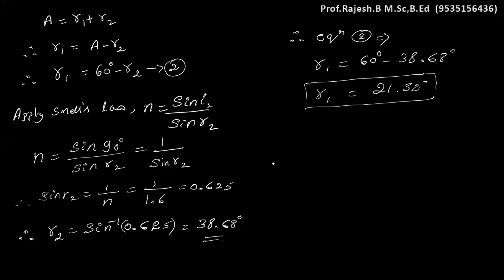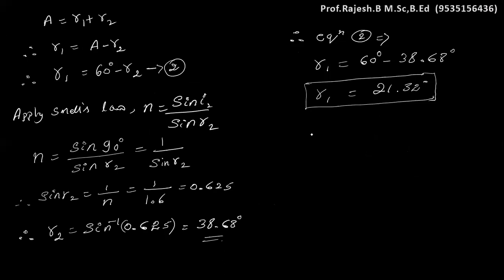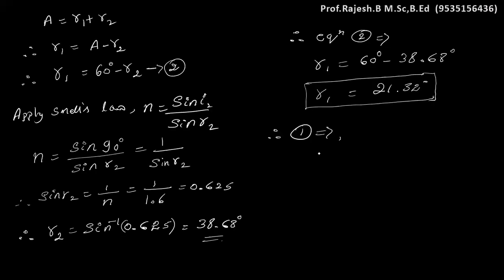Yes, but I want to find i1, right? So where is the i1 formula? Here, equation 1. Sine inverse of n sine r1. I will substitute here. Therefore, equation 1 becomes i1 equal to sine inverse of n into sine r1, where n is 1.6 into sine 21.32 degree.